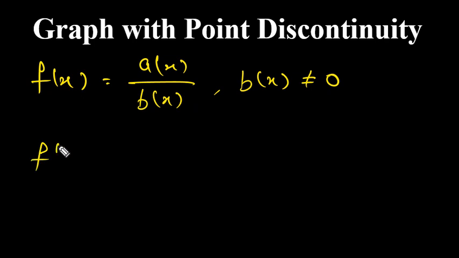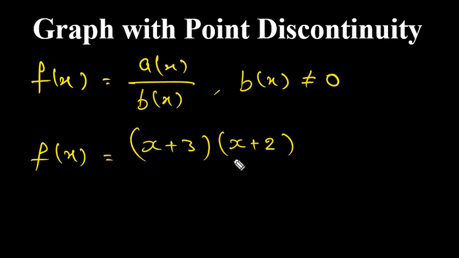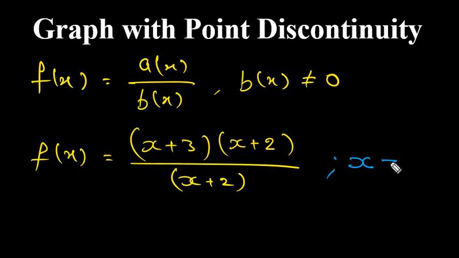If you have f of x equals (x plus 3)(x plus 2) over x plus 2, you can see there is a common factor x plus 2. So there is a point of discontinuity where the function should not be equal to, sorry, negative 2.